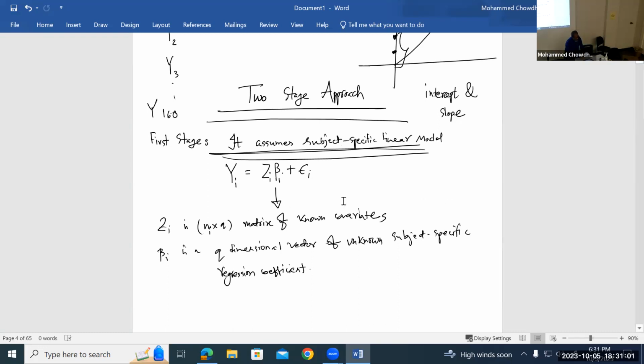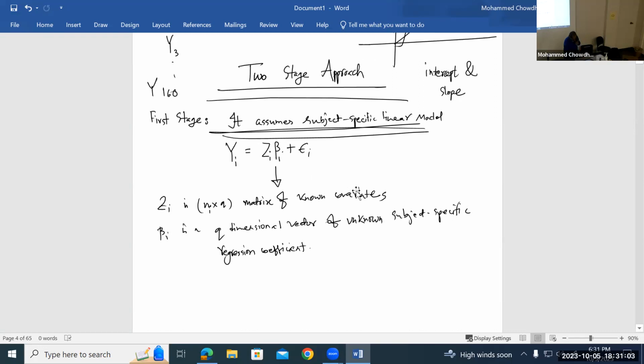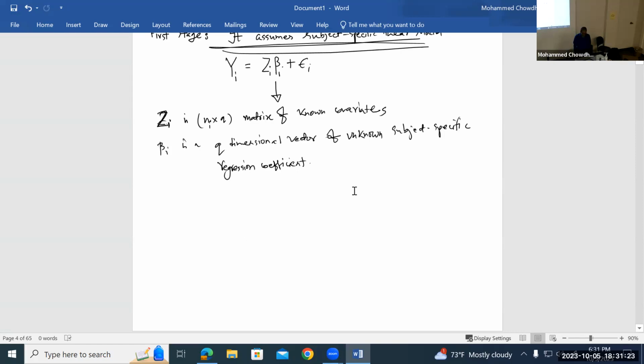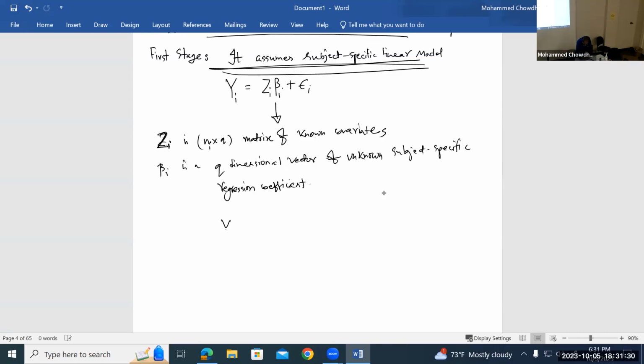So let me say again, beta is a Q-dimensional vector of unknown coefficients. Here I am fitting that many models: y1 equals G1 beta 1 plus epsilon 1.